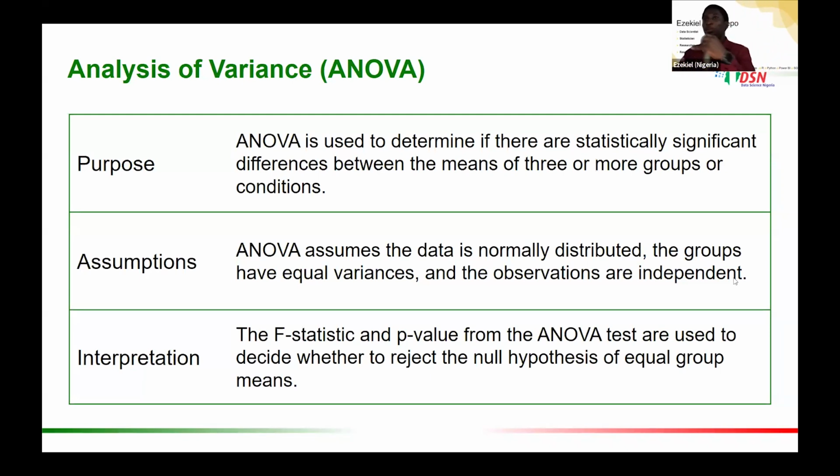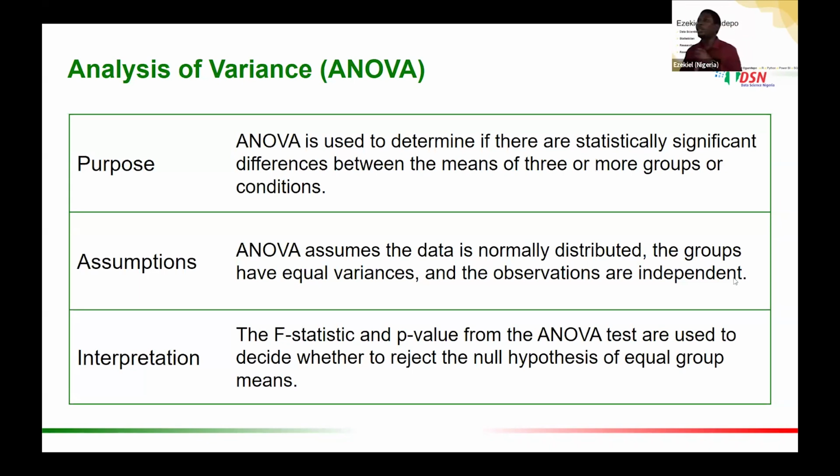When you have just two groups, for example, you are testing the income of male and female to see whether females are getting more salary than males, you are going to use the t-test. But when you are comparing whether Yoruba, Igbo, or Hausa, maybe Yoruba is more intelligent than all of them, or Igbo are smarter than all of them, or Hausa is more than all of them, which test will you use?